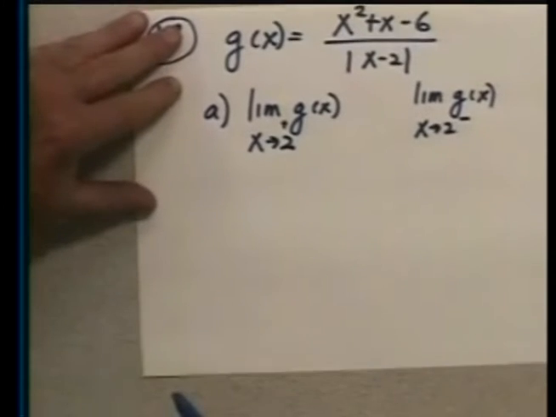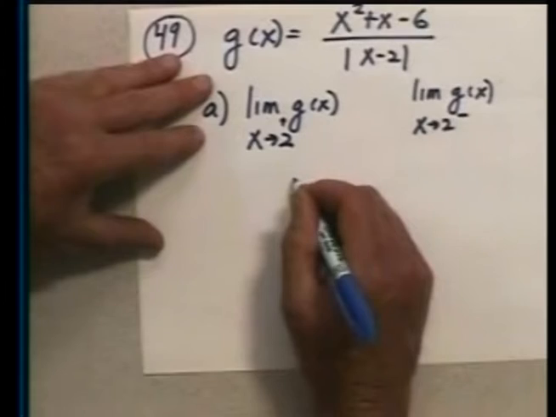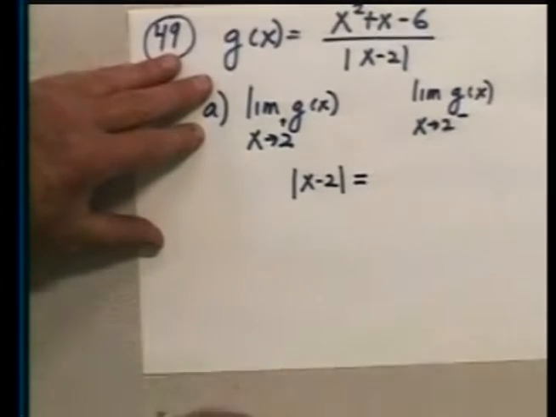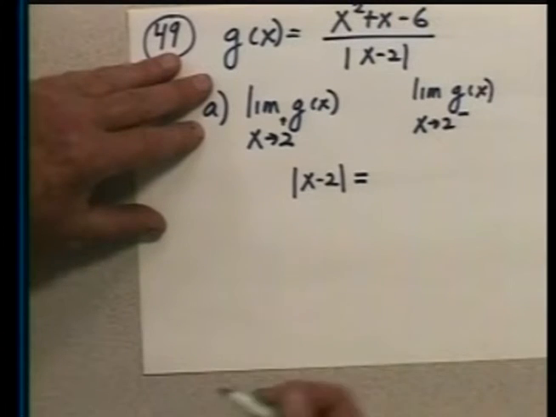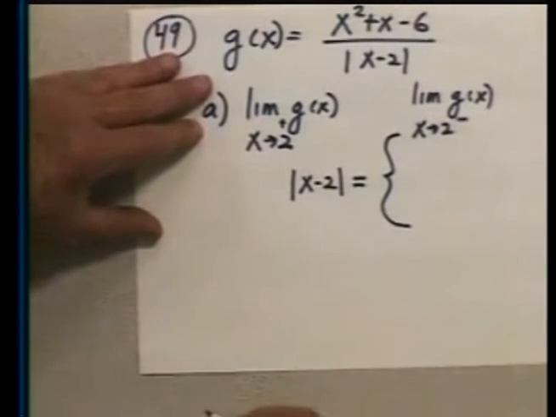Well, when there's absolute value, you know what I'm going to do. I've got to rewrite the problem without absolute value in it, or I just can't do it. So I say to myself, how do you handle absolute value? Absolute value is no big deal.